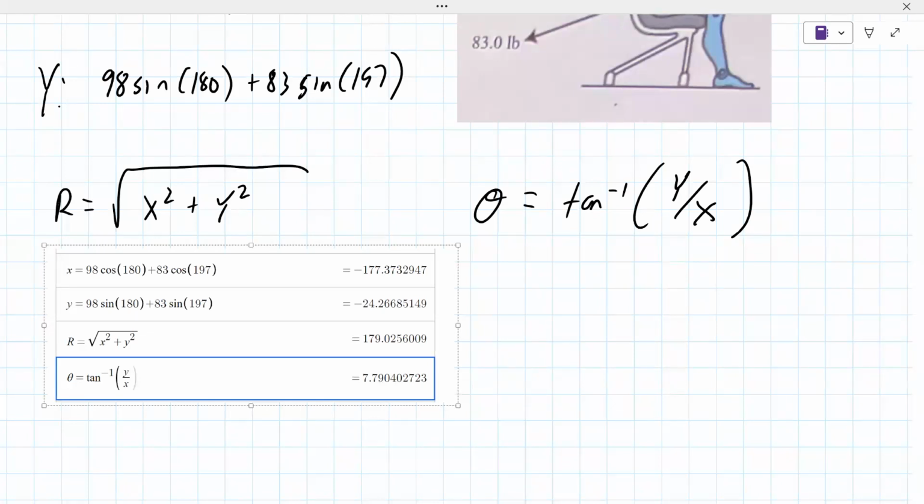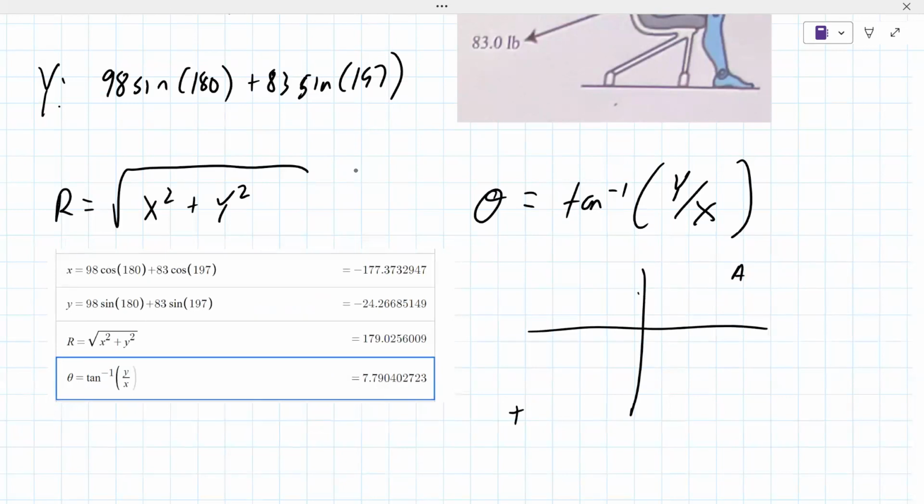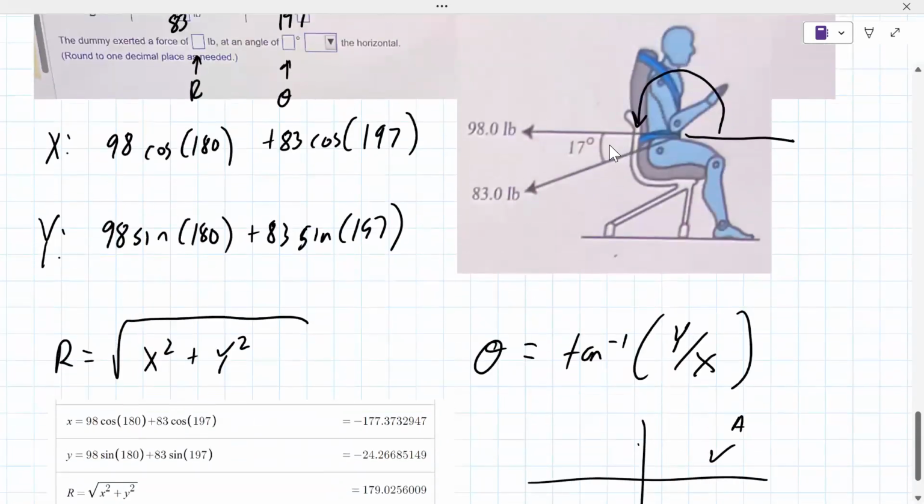So the last drop down is below. The reason it's below is because the tangent of the angle is positive, so it means it's either here or here. But we know graphically that you can imagine these two pulling together.